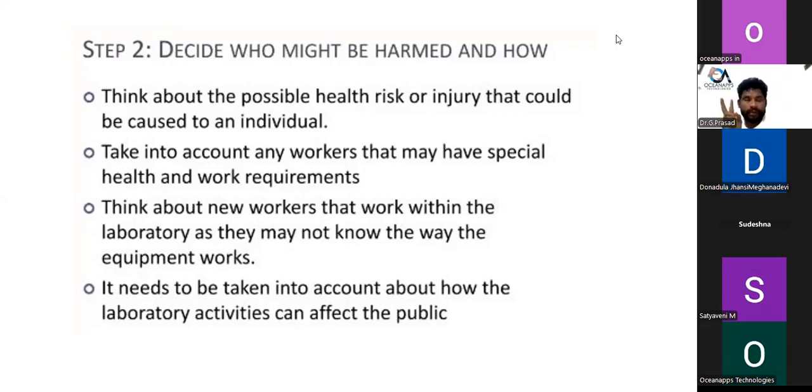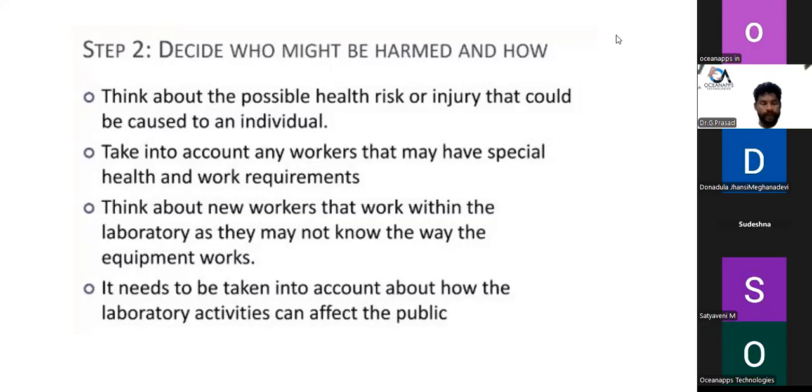Take into account any workers that may have a special health and work requirement. ఓకే, అక్కడ ఎవరైనా స్పెషల్గా వర్క్ చేస్తుంటే వాళ్ళ యొక్క హెల్త్ కాన్షియస్ ఎలా ఉంది, వర్క్ వాళ్ళు చేయడానికి వర్క్ రిక్వైర్మెంట్ ఏంటి. సో దాట్ యూ హ్యావ్ టు పుట్ ఇన్ యువర్ మైండ్.